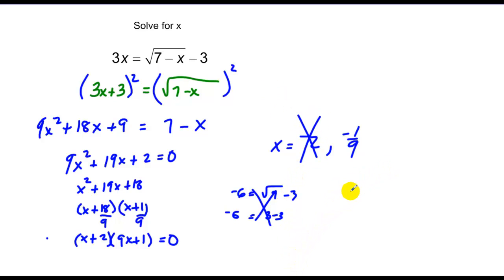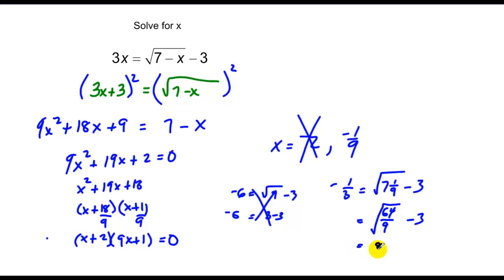If I plug in negative 1/9, I end up with negative 1/3 equals the square root of 7 and 1/9, minus 3. 7 and 1/9 is 64 over 9, minus 3.